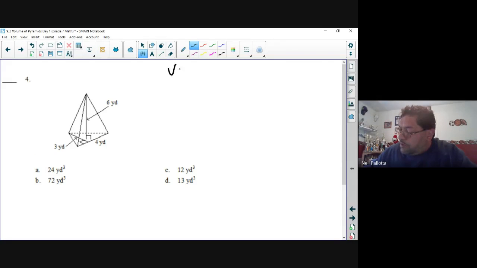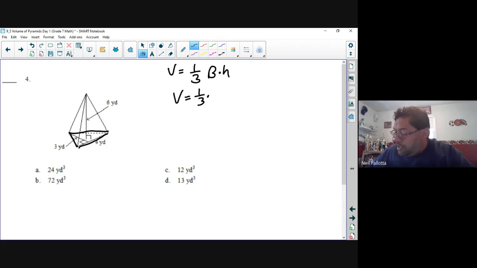Question 4, once again, volume is going to be 1/3 base area times the height. And your volume here, 1/3, your base area, because your base area here is this triangle, right? Just outline it for you. That's our base area. Our base area is 1/2 base times height because it's a triangle. So 1/2 of that 4 times 3.